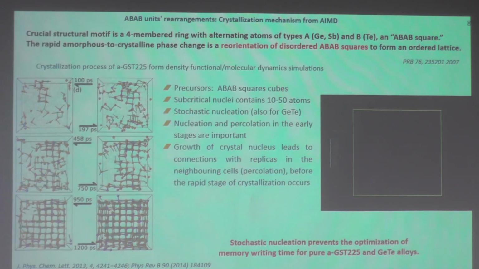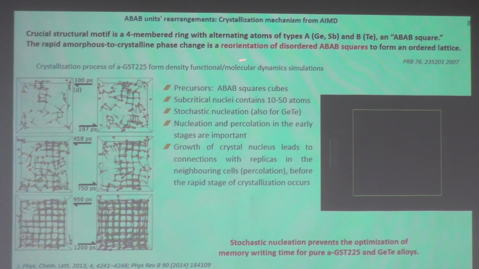Such squares also exist in the crystalline state, and this mechanism is based on the rearrangement of such AB squares to form an ordered lattice.